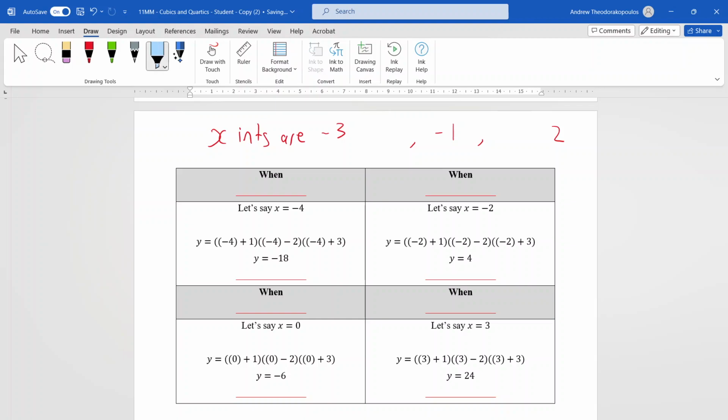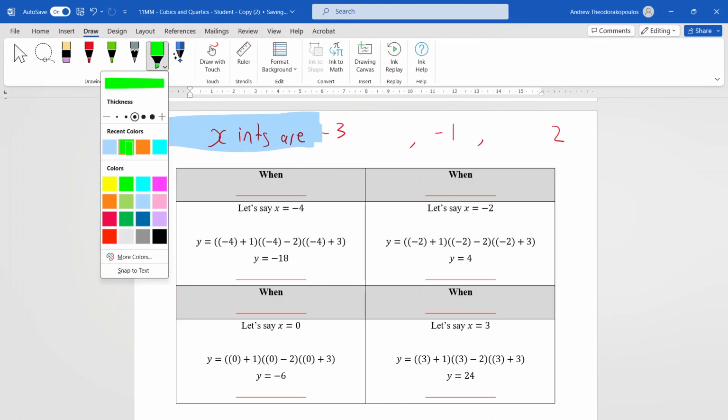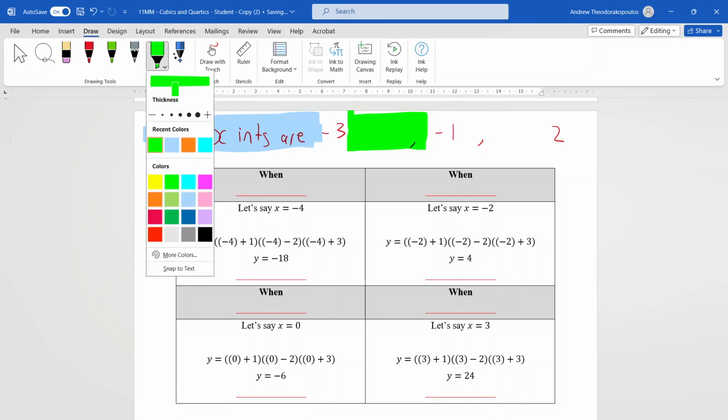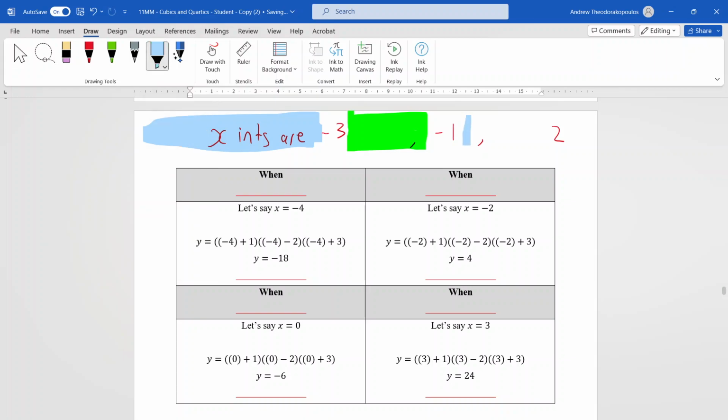I just want to really drum this home. I want to know everything less than -3. I want to know everything between -3 and -1. I want to know everything between -1 and 2. And I also want to know everything bigger than 2. So they're the 4 sections.